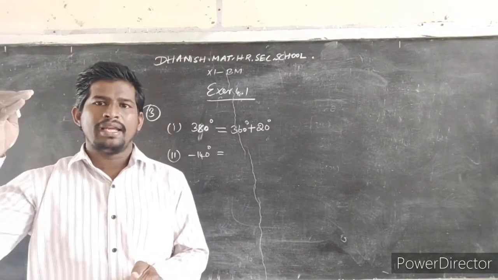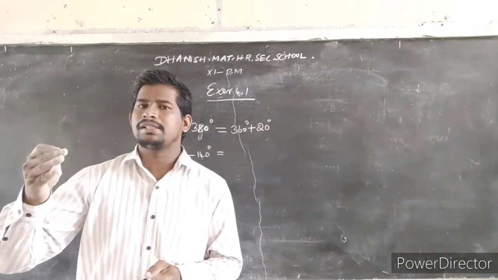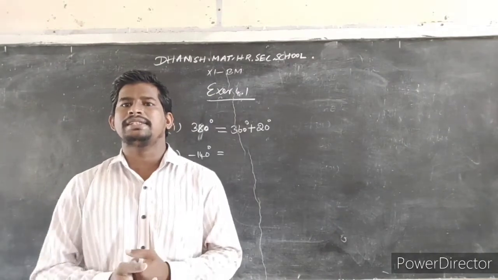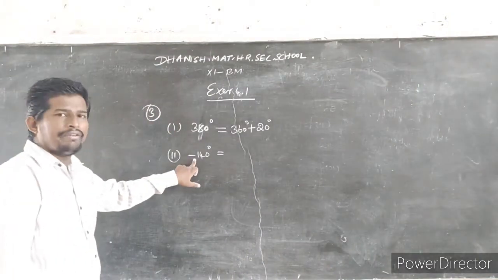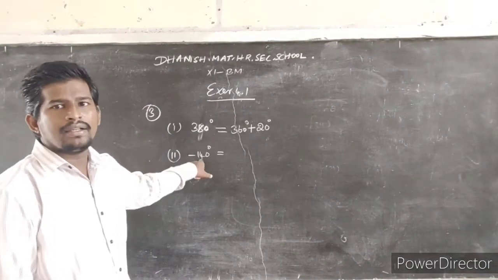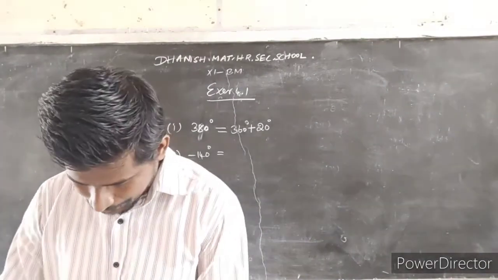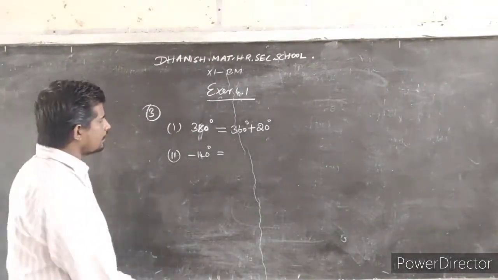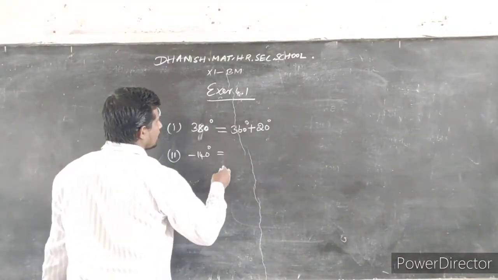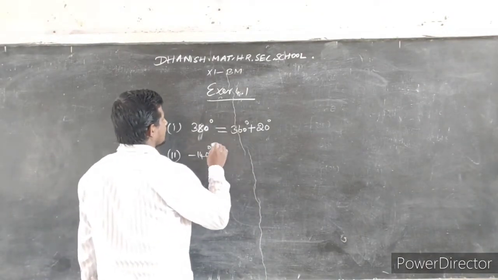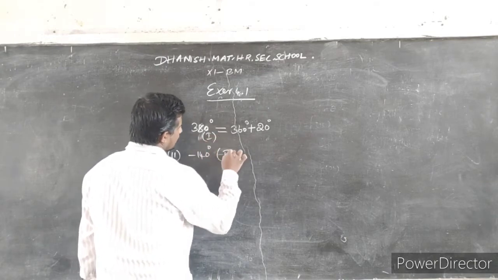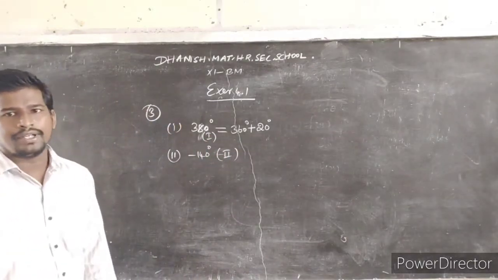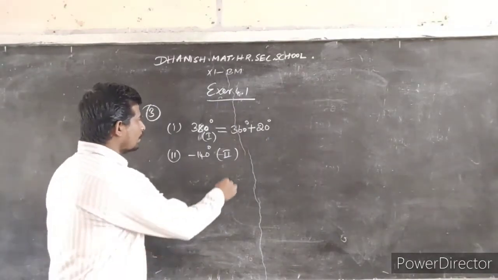The angles between minus 270 degree to minus 360 degree lie in the first quadrant. Here we are having minus 140 degree. So this angle lies in the third quadrant.